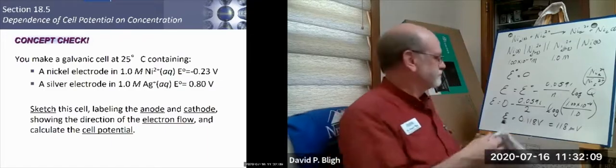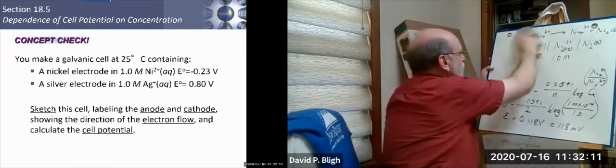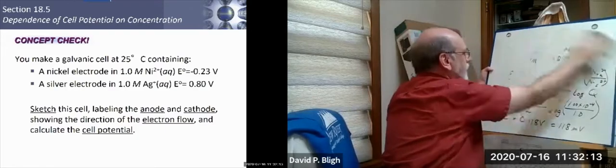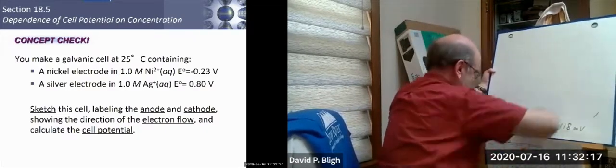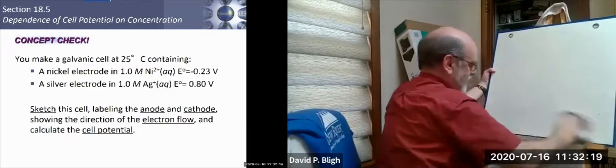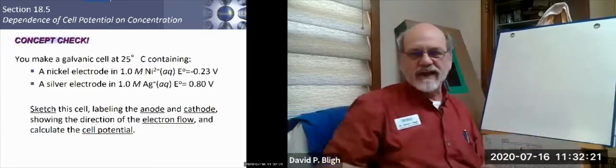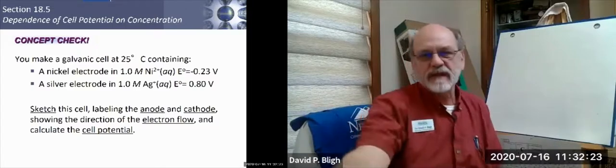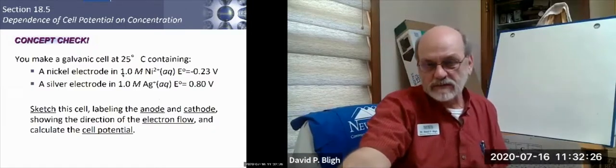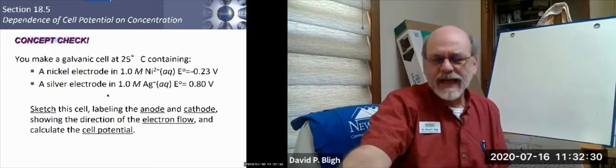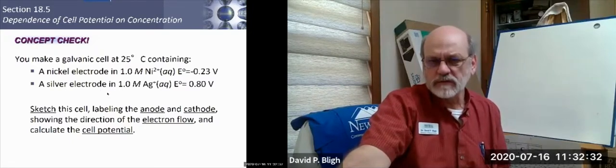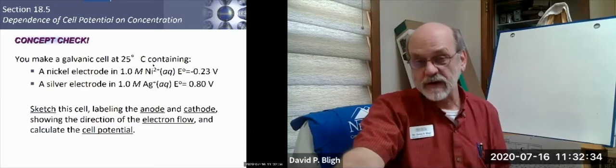All right, so we have this example of a galvanic cell, and we're saying that we've got a nickel electrode and a silver electrode, and you need solutions, of course. Well, you've got the solutions here.